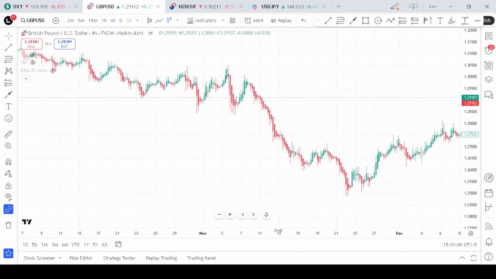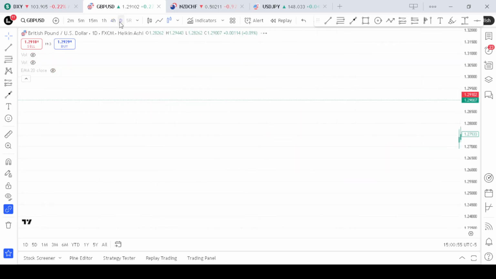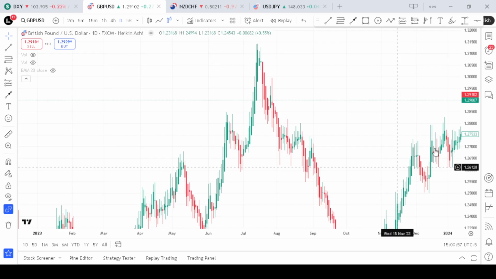Now we start by understanding what the Heikin Ashi is all about. The Heikin Ashi is a unique charting method that helps traders identify trends more clearly by reducing the market noise.